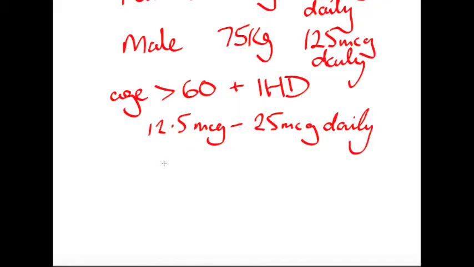Now, in this situation, they should have their bloods repeated every 3 to 6 weeks until the blood levels come to normal, which is called euthyroid.